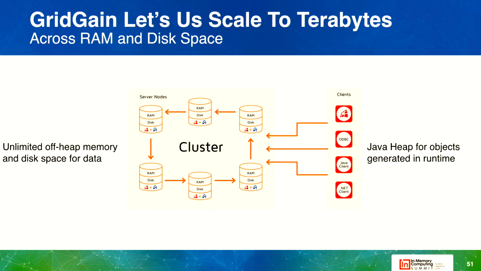Let's say that you started your cluster and preloaded initial data, like 200 gigabytes for that performance benchmark. But after that, you start using that cluster. You run transactions, you read records, you update records, and whenever you are reading records, for instance, running SQL queries or key-value operations, GridGain will go to that off-heap storage.